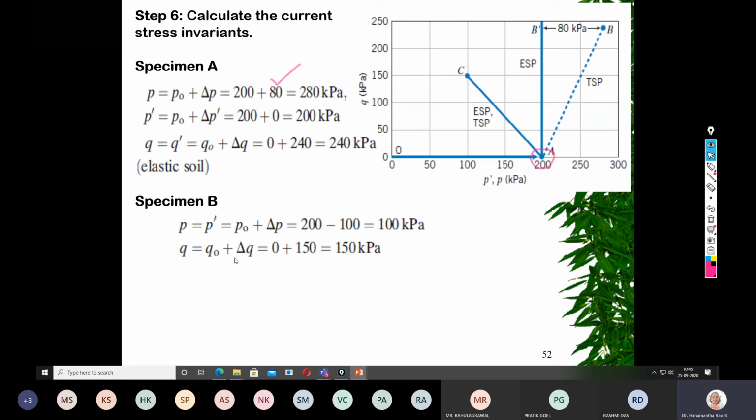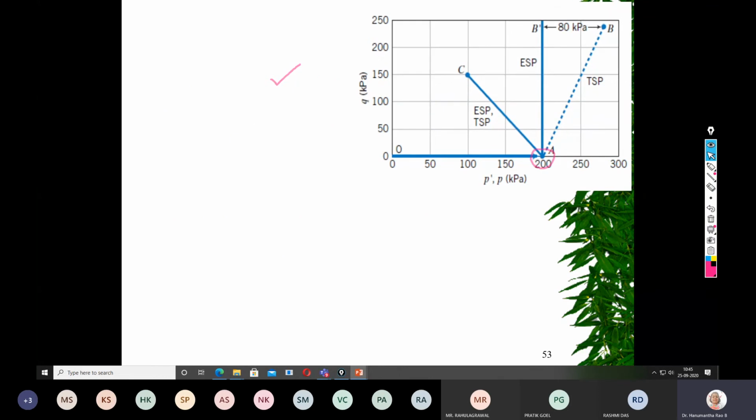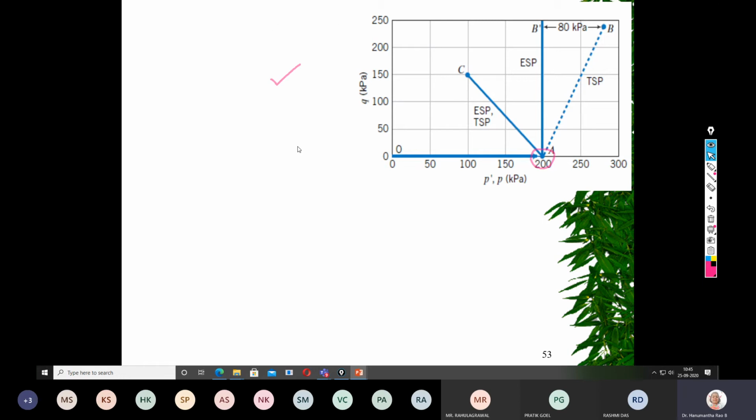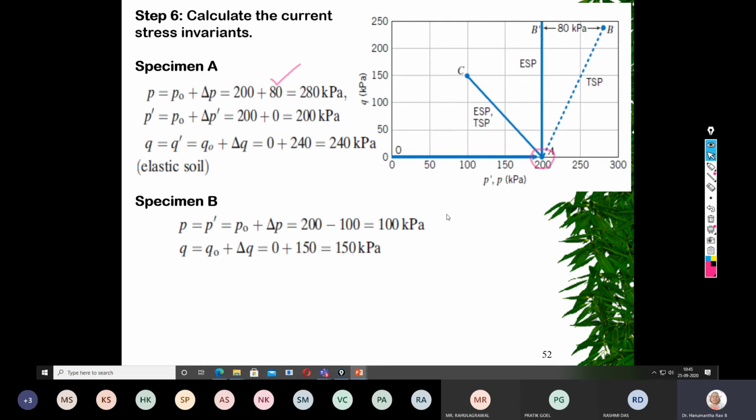P is equal to initial plus incremental, so this is 0 plus 150, that is 150 kilopascals. So the summation of these two is nothing but your step 7. If you are a little confused about step number 7, try to confine it only to step number 6. Based on this, you can develop this diagram.